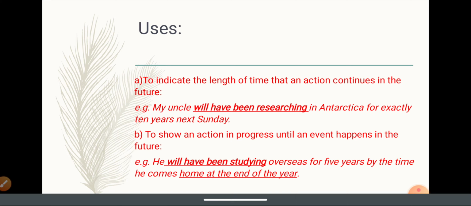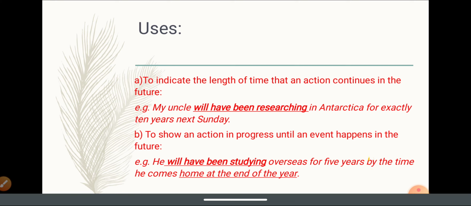To show an action in progress until an event happens in the future, like he will have been studying overseas for 5 years by the time he comes home at the end of the year. So at the end of the year, when he comes back, till then what would happen? He will have been studying overseas for 5 years.